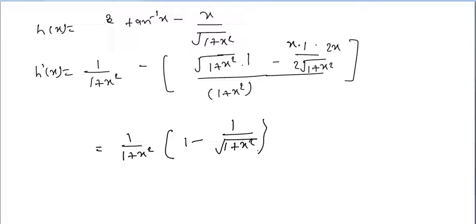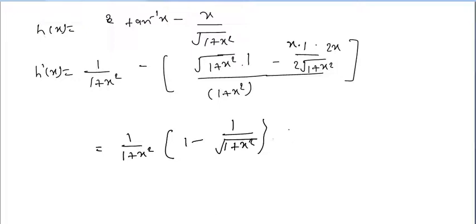Clear? Just simplify it, because you multiply 2 into 1 plus x square minus 2x square and divide by 1 plus x square. If you take 1 by 1 plus x square common, then here will be 1, and from this side you will have 1 divided by 1 plus x square.